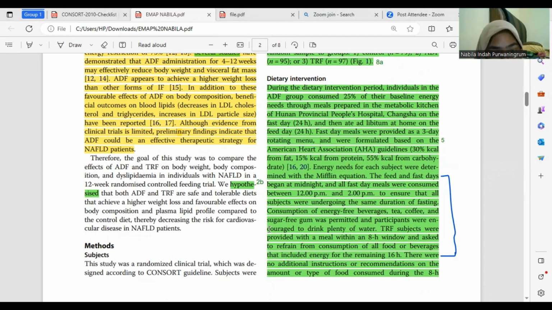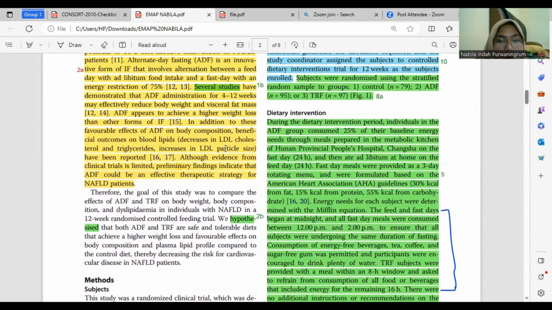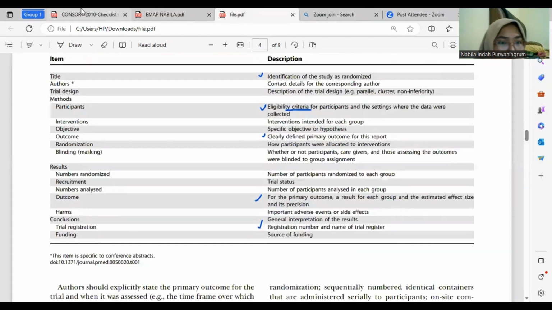Hypotheses are more specific than objectives and are amenable to testing. In this article, is the research going to have an objective or prove some hypothesis? Fortunately, we find the word hypothesis: this trial is going to prove the hypothesis that both ADF and TRF are safe and tolerable diets and achieve high weight loss and favorable effects on body composition, and so on. Okay, then we are done with 2b.